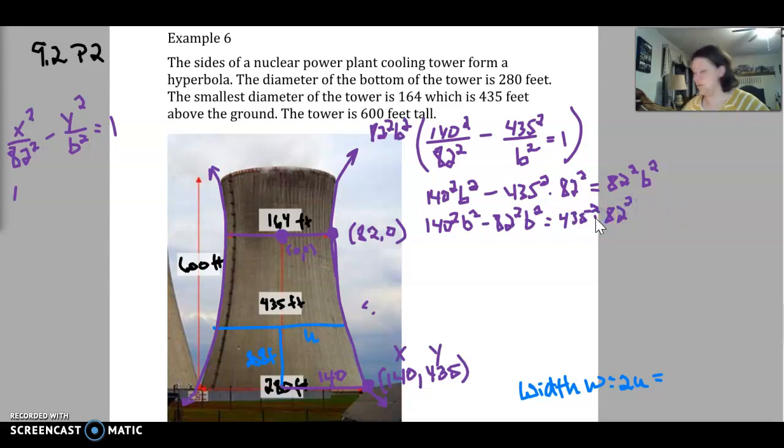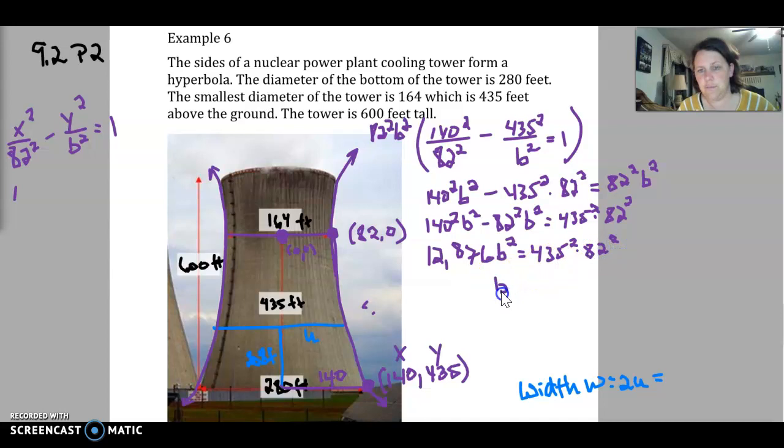Okay, let me make sure I've got this right. 140 squared minus 82 squared is equal to 12,876. So 12,876 b squared, and that's equal to 435 squared times 82 squared.